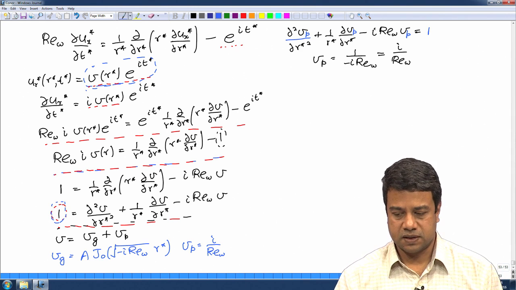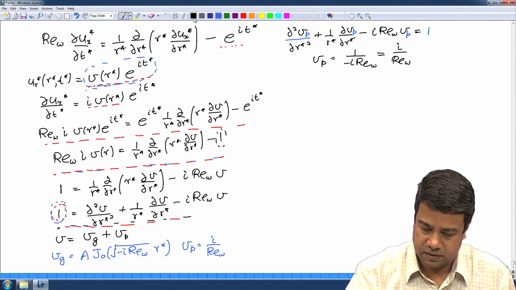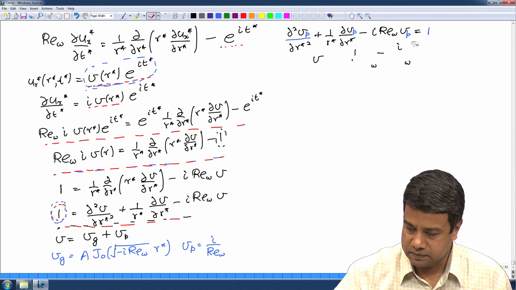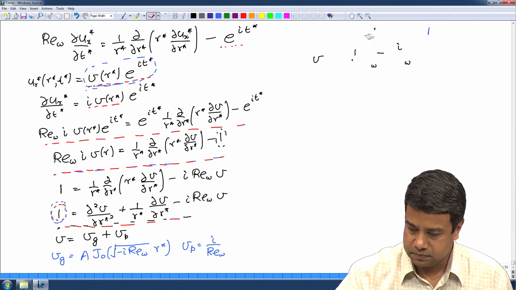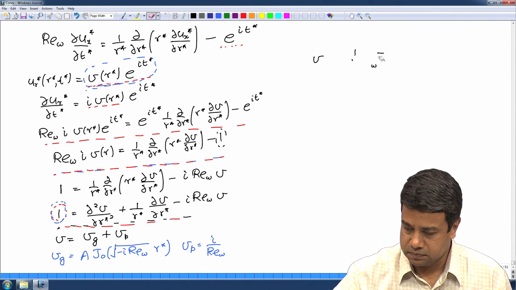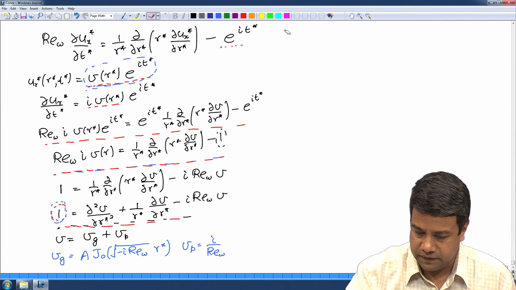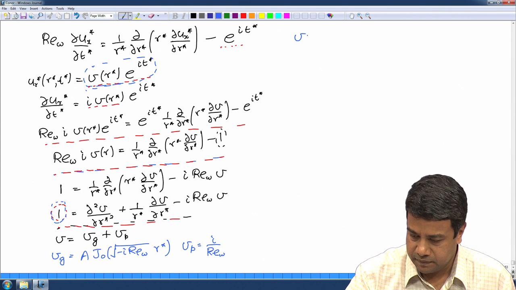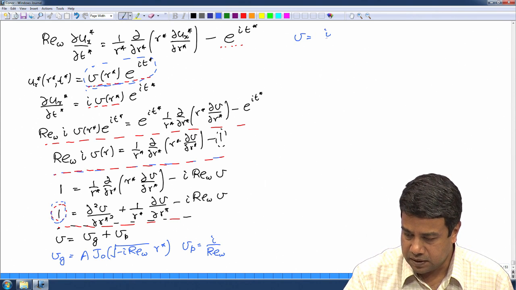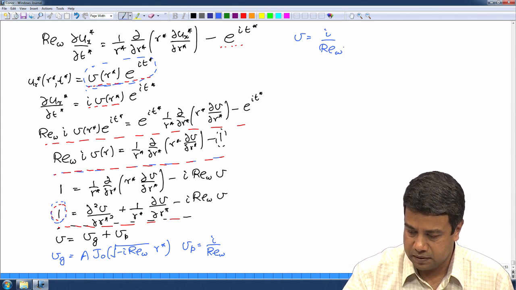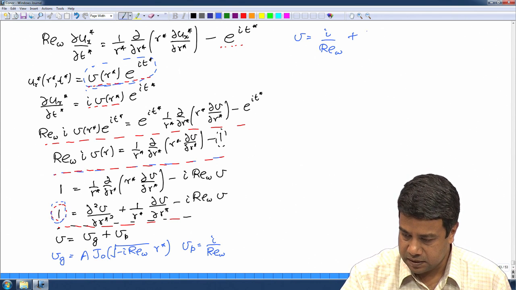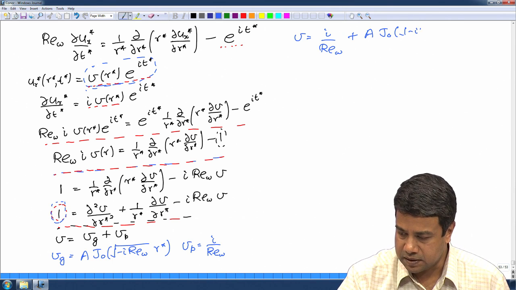And the total solution is the sum of these two. The total solution V is equal to i by Re omega plus a J0 of root of minus i omega r star.